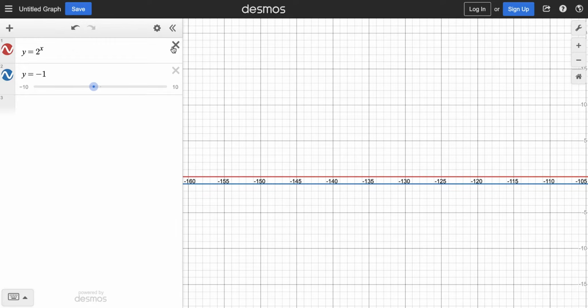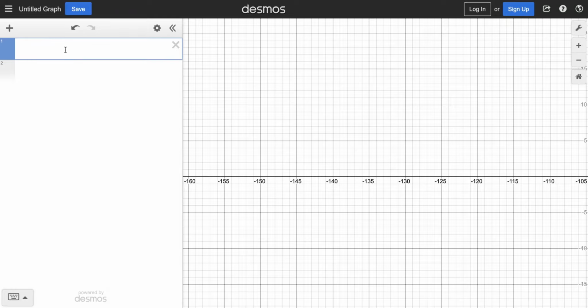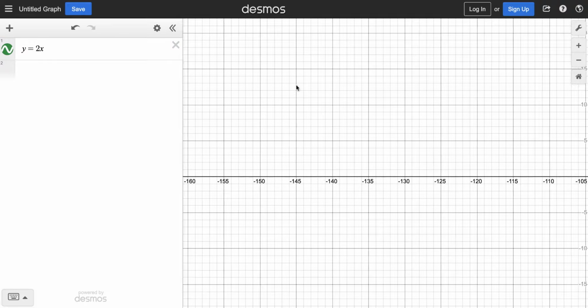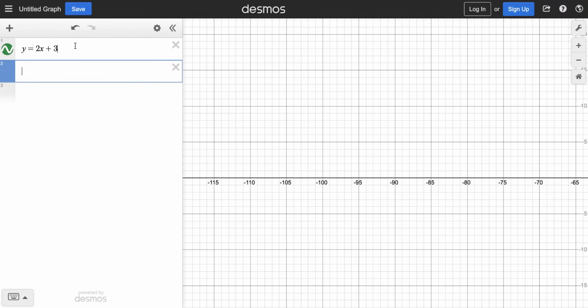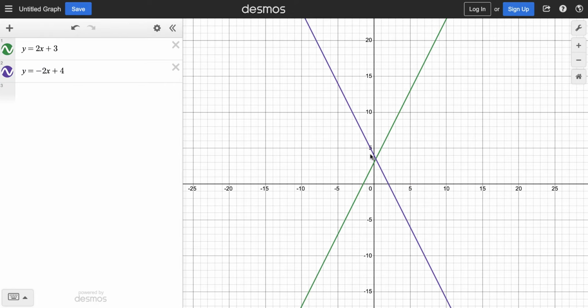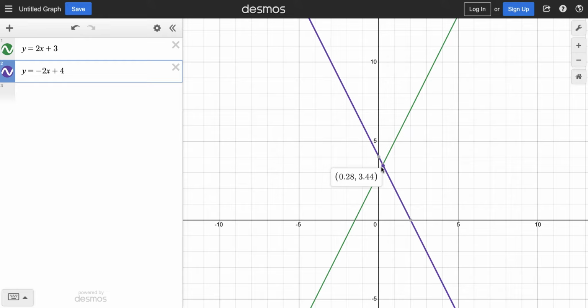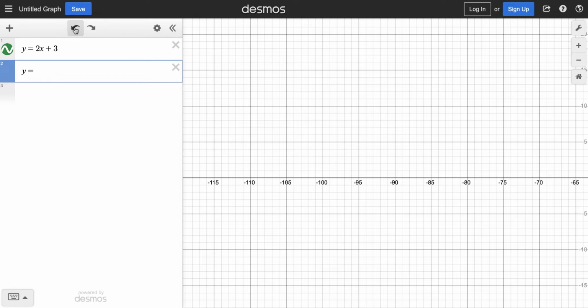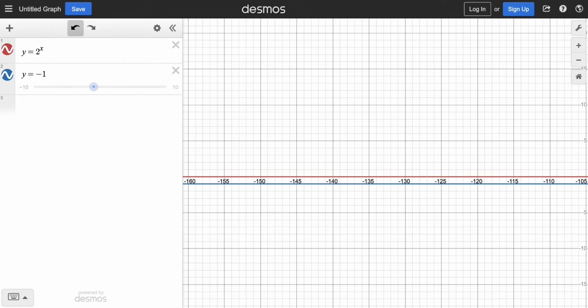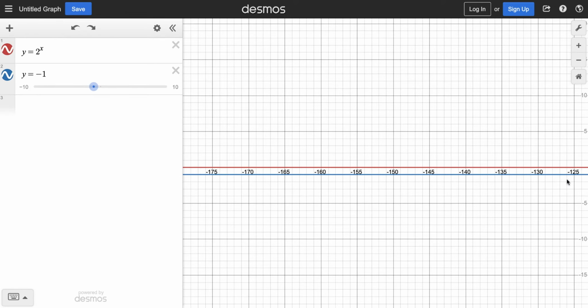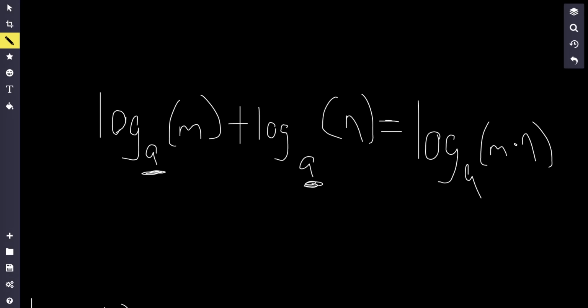If you have two graphs like y equals 2x plus 3, and y is equal to, let's say, negative 2x plus 4, what you'll notice is that these two graphs have a solution point, which is this intersection point. However, the graphs I showed you before have no intersection point. It goes on forever and forever.